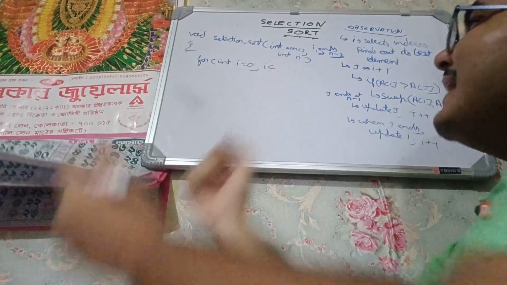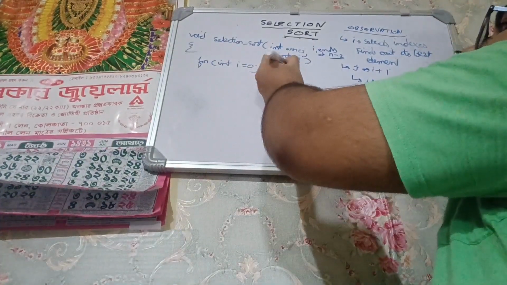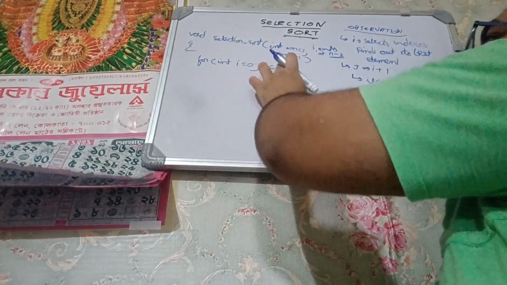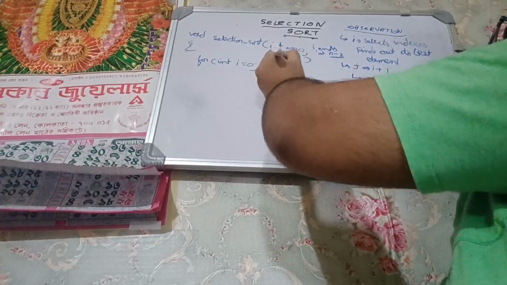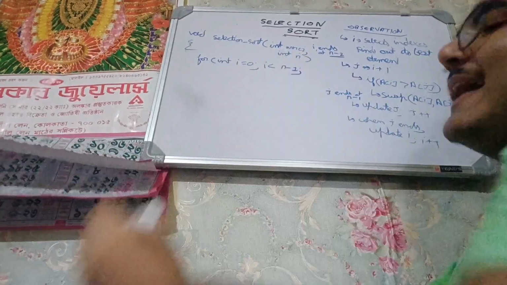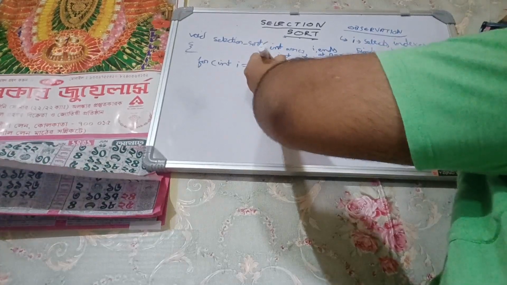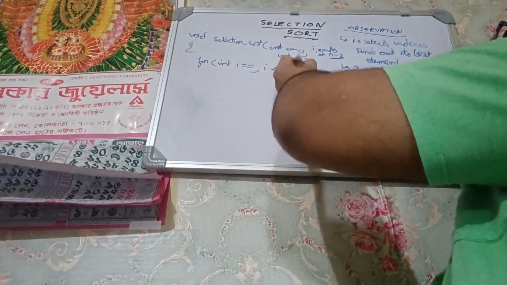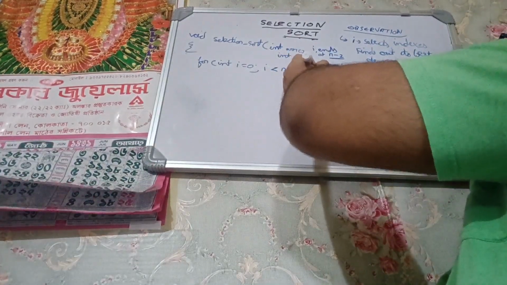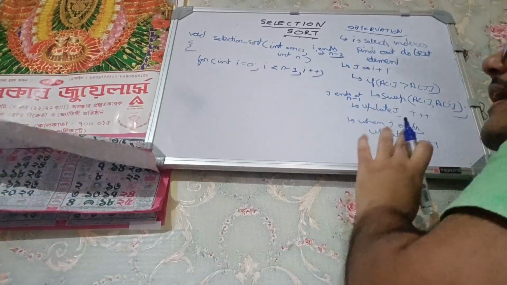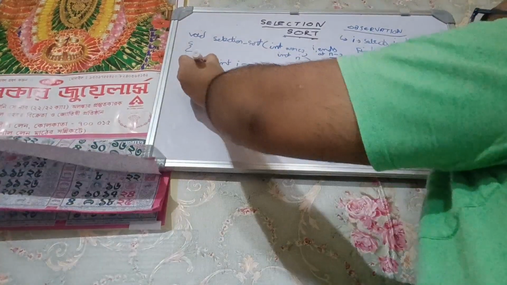So you can either write i less than or equal to n minus 2 or i less than n minus 1. Fine, i less than n minus 1 and i plus plus. Fine, because I at the end updates by 1.